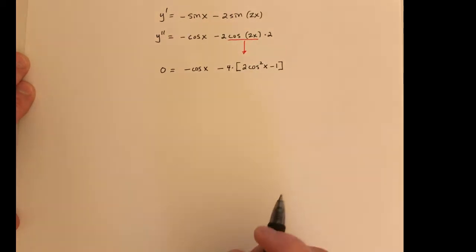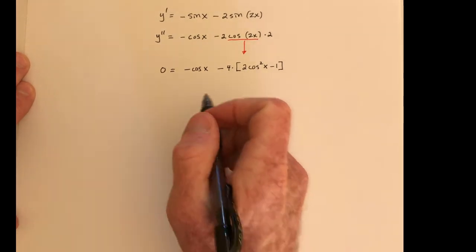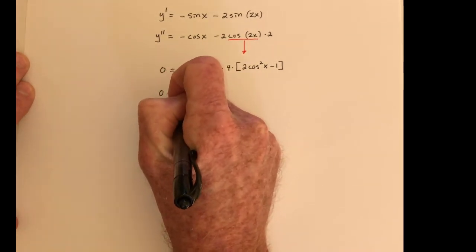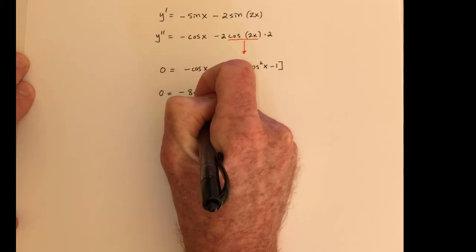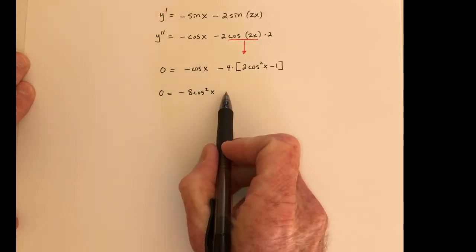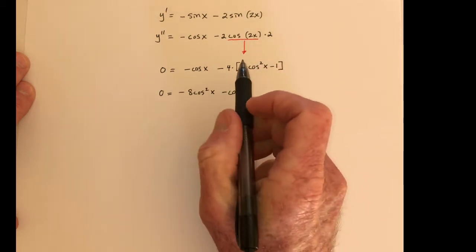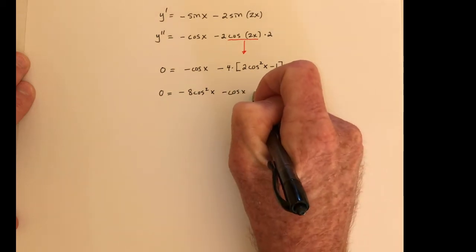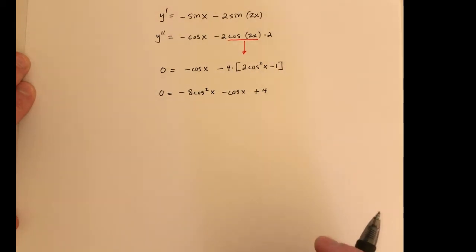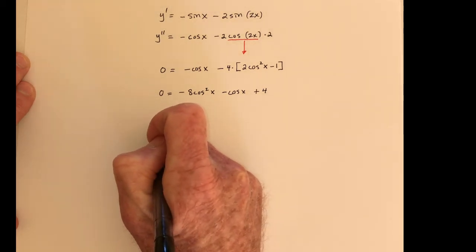And then you set the second derivative equal to 0. So when you distribute this negative 4, that's going to be negative 8 cosine squared. And then I would put this term in the middle, minus cosine x. And then a negative negative will make a positive 4. And then we need to do the quadratic formula. If it was algebra class, we would say x equals.